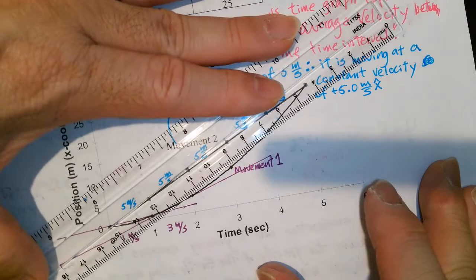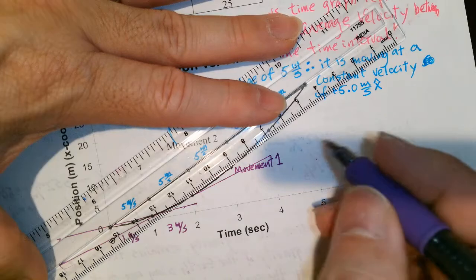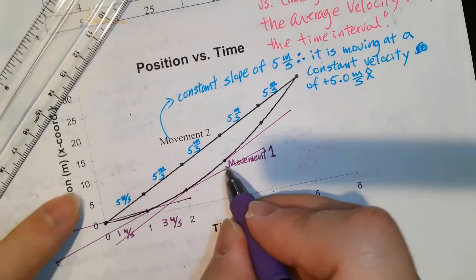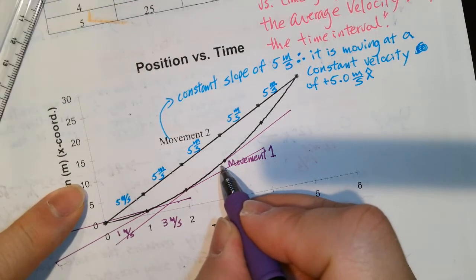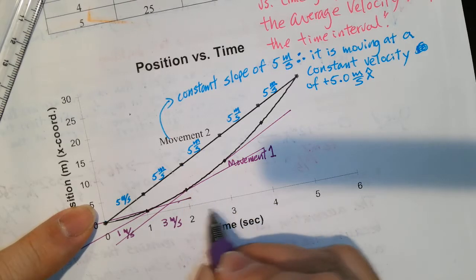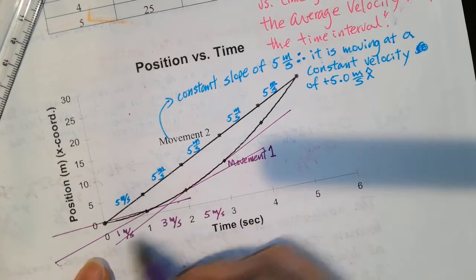And similarly, if I were to look for the velocity between 2 to 3 seconds, this slope comes out to 9 minus 4, which is 5, divided by 3 minus 2, which is 1. So this is 5 meters per second for the slope value.